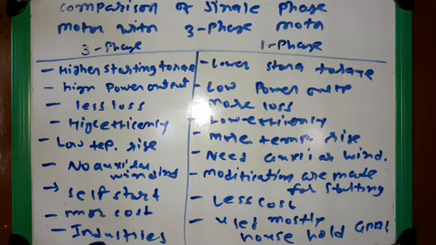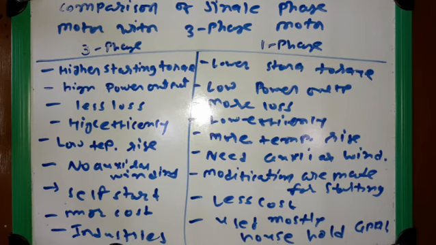For a three phase induction motor, there is no auxiliary winding. There is only one winding in the stator, but a single phase induction motor needs an auxiliary winding, which is called the starting winding. Now the three phase induction motor is self-starting, whereas the single phase induction motor is made self-starting by modification of the starting winding.